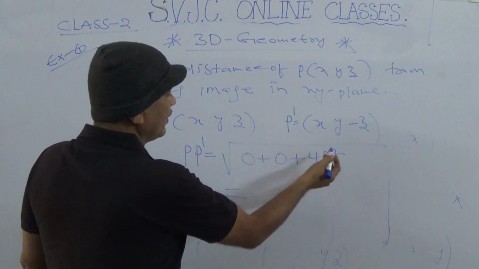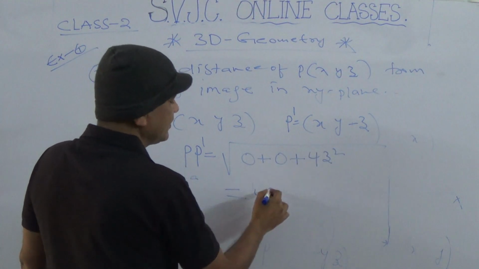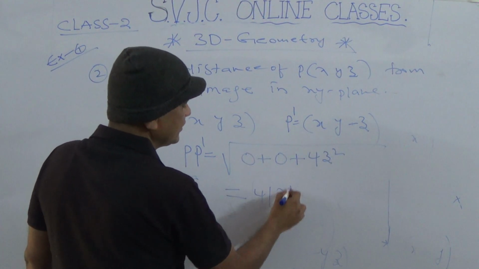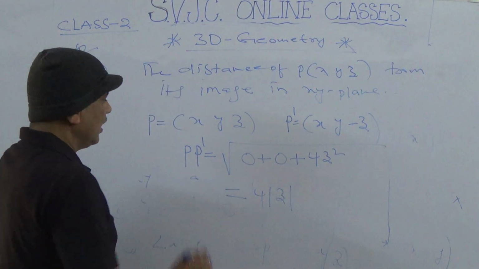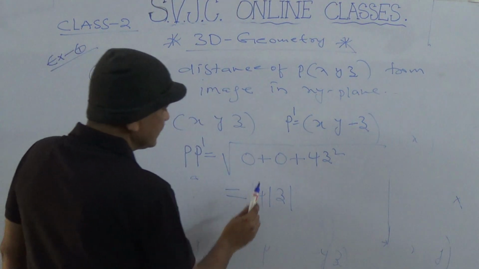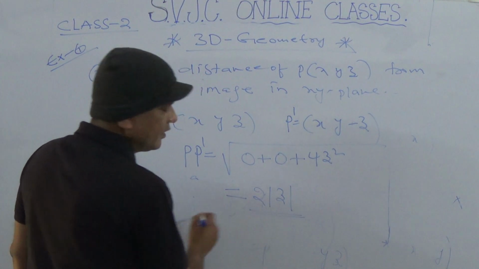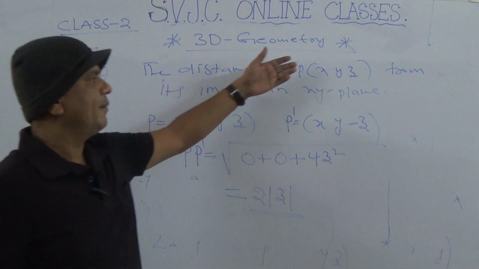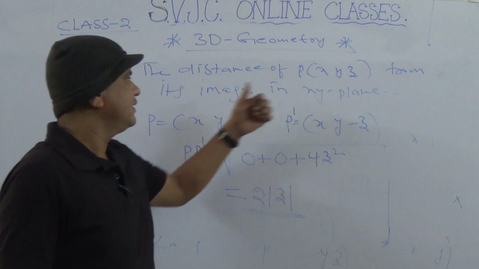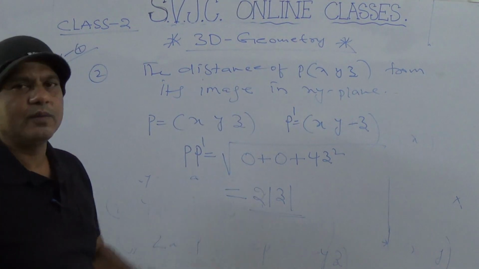That is equal to root 4 mod z square, which is 2 mod z, since the distance is positive. The distance of a point from its image in the xy plane is 2 mod z.